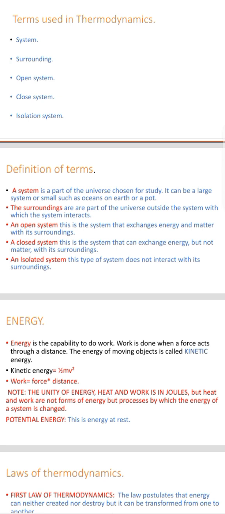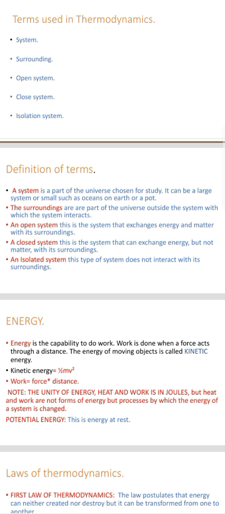So the atmosphere surrounding the pot is called surrounding in thermodynamics. The atmosphere where the pot is going to interact to release the heat back is called surrounding. So that's why we said these are part of the universe outside the system, with which the system interacts.